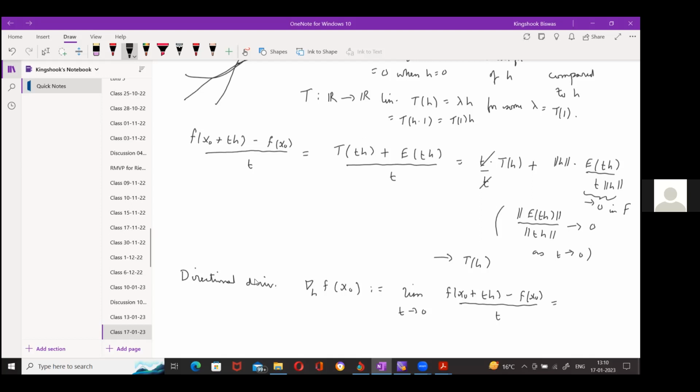This is equal to this linear map T applied to h. Okay. So this implies that T is unique if it exists, because we have a formula for T of h, given by nabla h f of x naught.